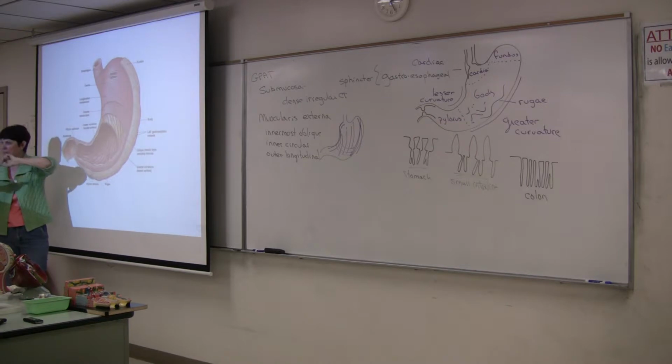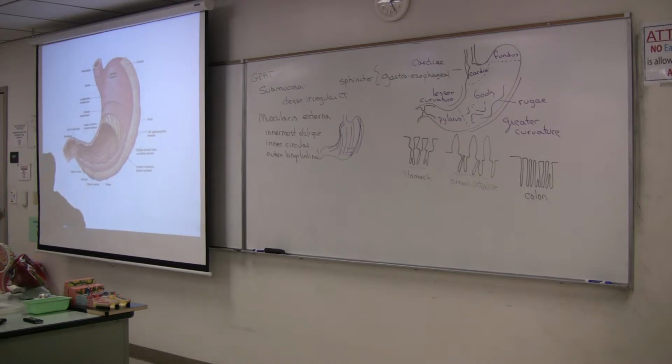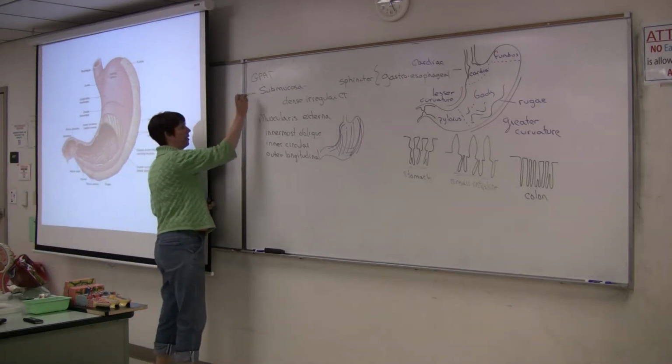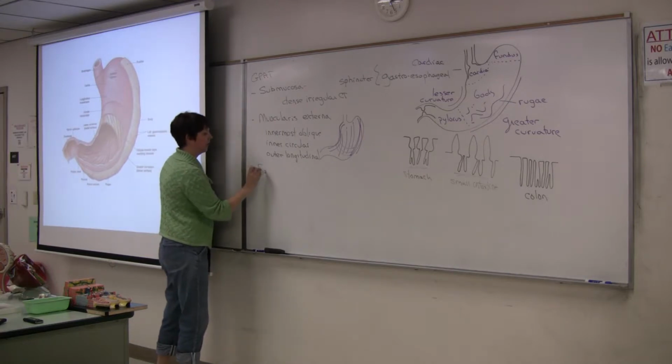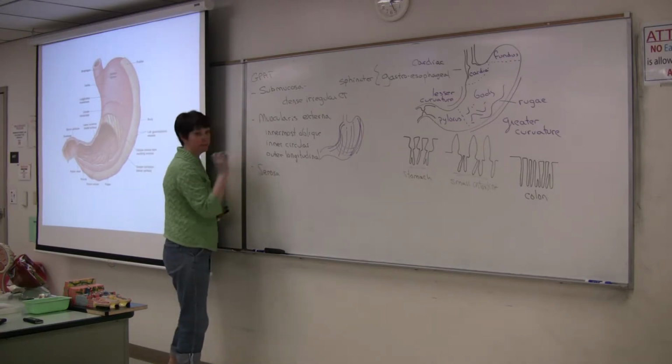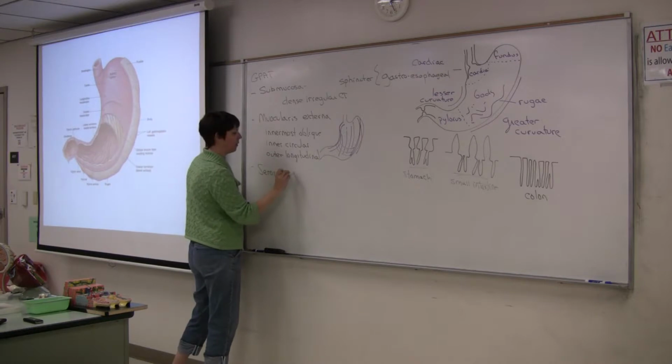That allows a twisting, ringing motion that provides the mechanical digestion, the breaking down, the emulsification of the lipids into smaller droplets of oil, mechanically breaking down the food for increased surface area. And then finally, we have our outermost layer, which is a true serosa, again, just our visceral peritoneum.